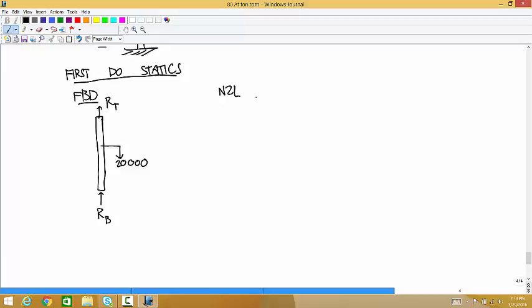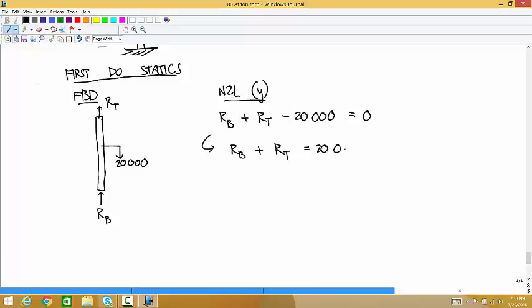And so Newton's second law, just y components, says RB plus RT minus 20,000 is equal to 0. So we get this equation that says RB plus RT is equal to 20,000. And that's the only useful thing we can get out of the statics.